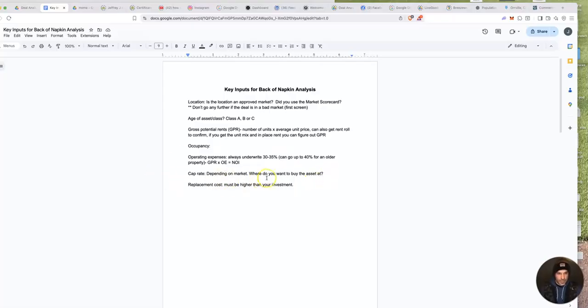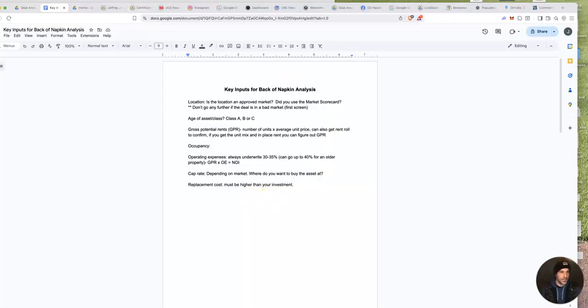So you're going to have to determine where you want to purchase as far as cap rate. And then a general rule of thumb is making sure that the replacement cost is higher than the investment you're making, right? So you don't want to spend $150 a square foot on a facility when the replacement cost is $95 a square foot. Not a good situation to be in.